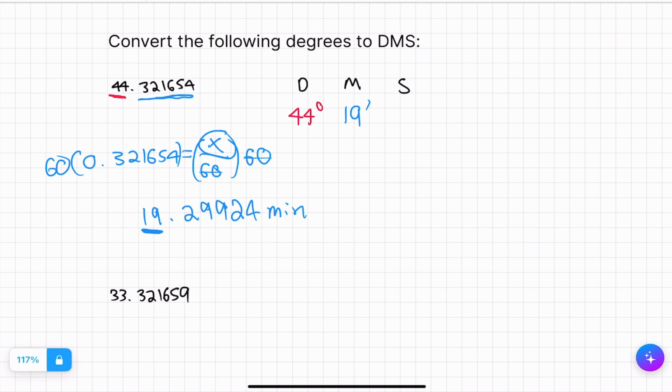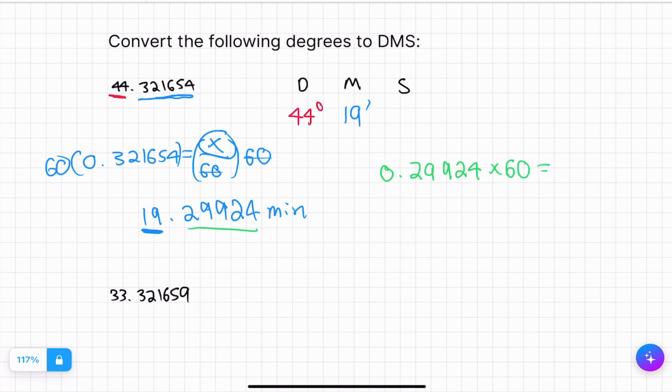And finally, we need to find our seconds. We find those by taking the decimal that we found by finding the minutes and multiplying that by 60. So in this case, we have 0.29924, and we'll multiply that by 60 to get our seconds.